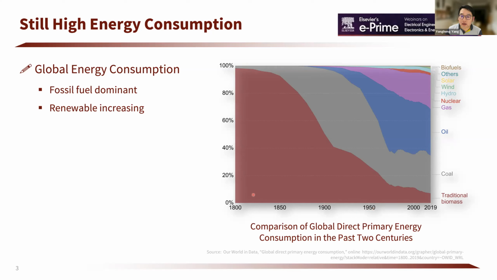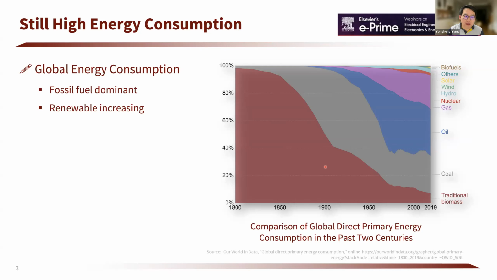Around the 18th century, the primary energy resource is traditional biomass, but by the end of 2019, we can see the traditional biomass has been significantly reduced in the past two centuries, and those traditional energy resources are replaced by renewables as well as other advanced technologies, for example, nuclear or other power generation technologies.